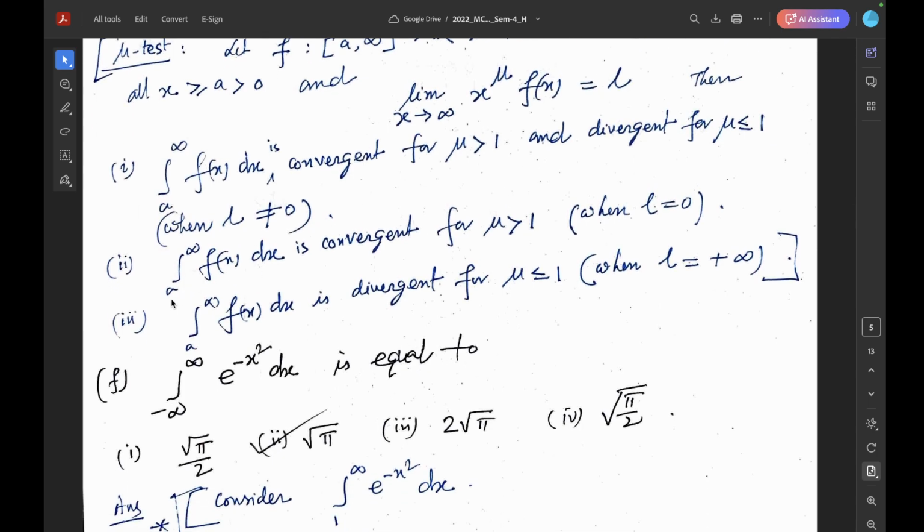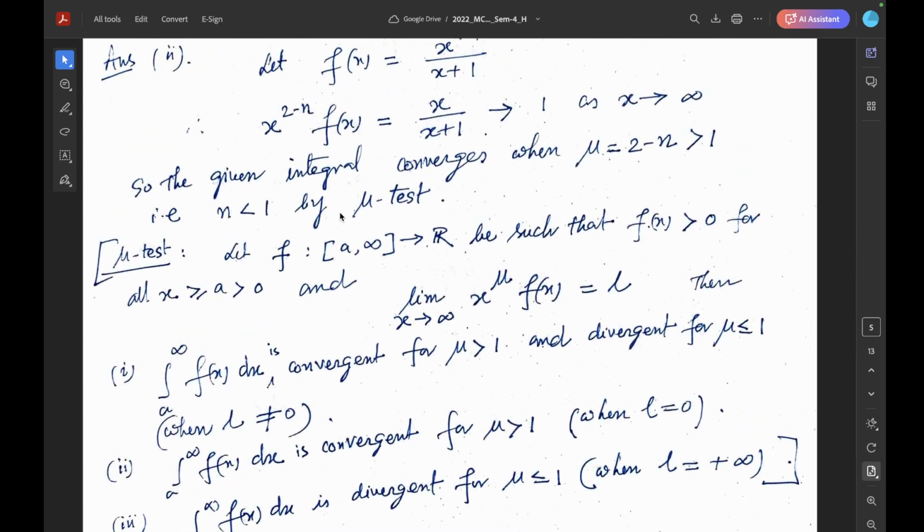Number 2, the integral is convergent for mu greater than 1 when L equal to 0. And number 3, the integral is divergent for mu less than or equal to 1 when L equal to plus infinity. So clearly n is less than 1 is the correct option 2.